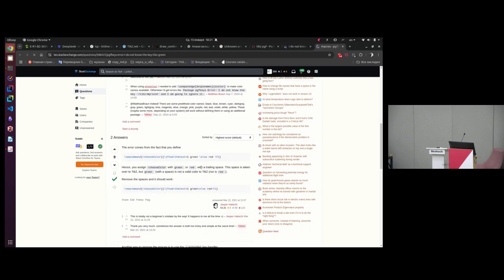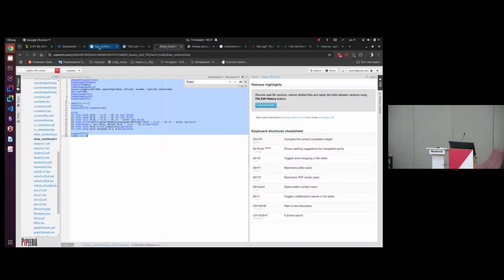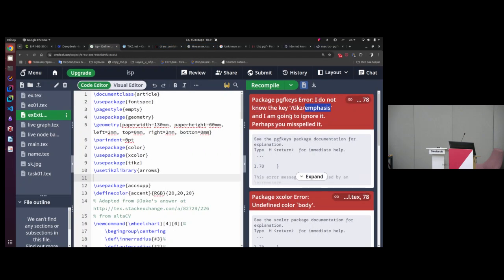Okay, that's about color. We see that this is something about color. Let's understand what the color is. If we define the color like this, will it help us?